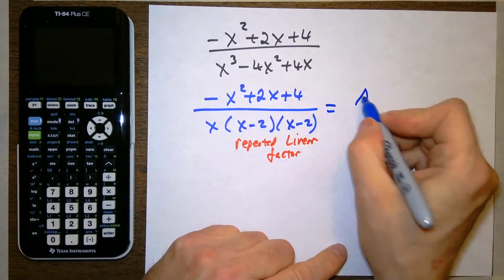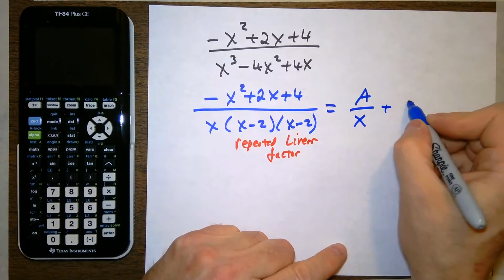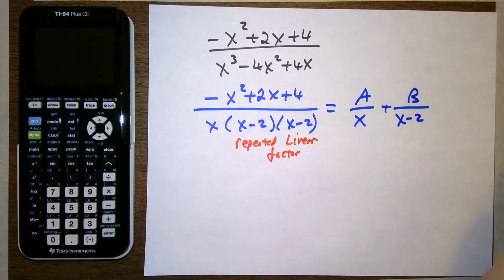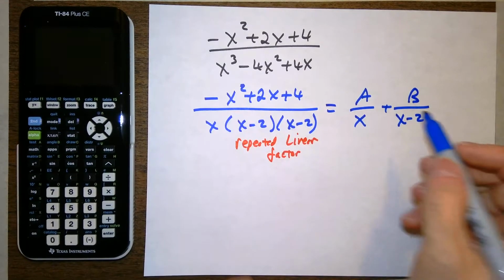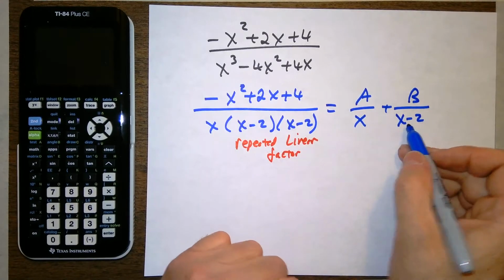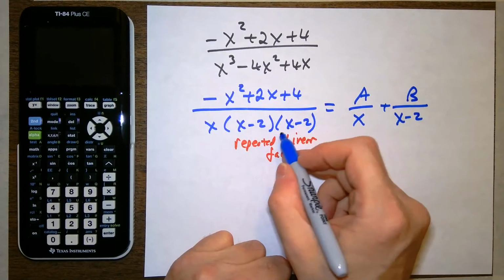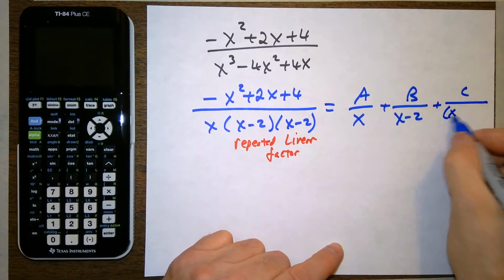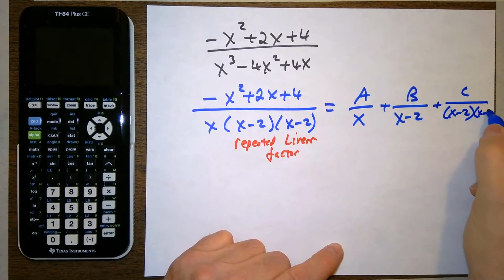I'm going to have something over x plus something else over x minus 2, but there's more to it than that. Because if I just had this, the common denominator would be x times x minus 2. Where's the other x minus 2? So I'm going to have something else over x minus 2 times x minus 2.